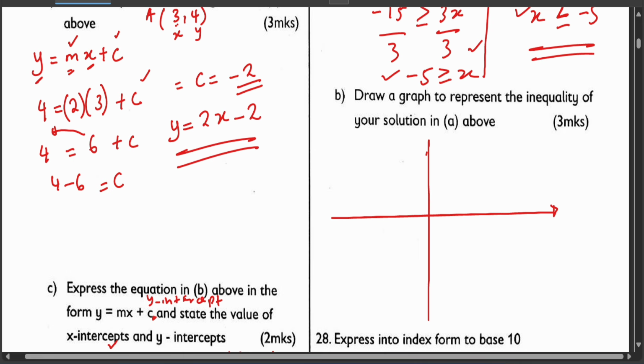So it's like this. There's the y axis and there's the x axis. Here you start with 0, followed by 1, 2, 3, 4, 5. Then you have negative 1, negative 2, negative 3, negative 4, then negative 5. Let me just extend it.